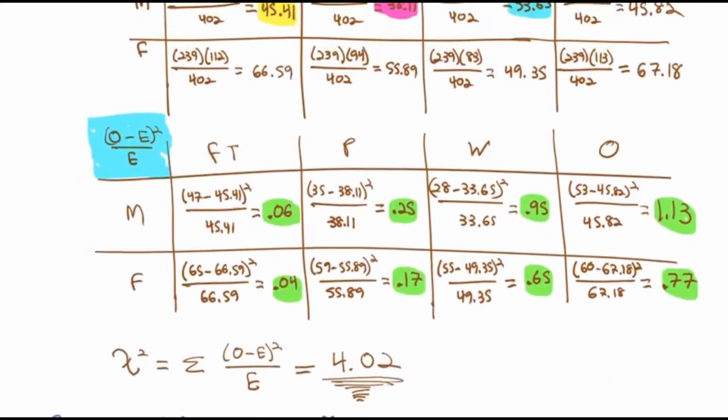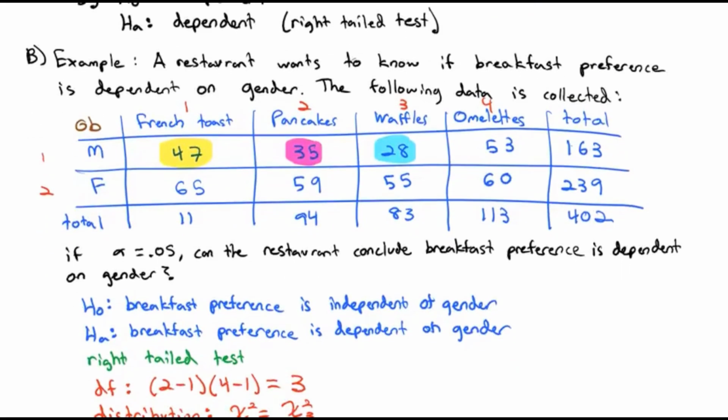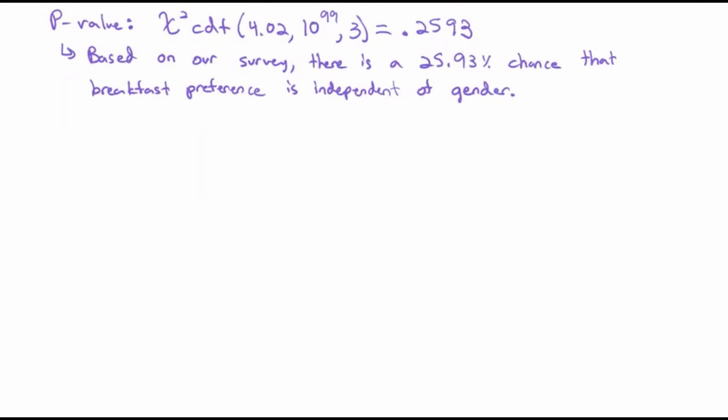And we said we would believe the null hypothesis that they are actually independent as long as that probability does not go below alpha of 5%. 25% is well above that. And so we will make a decision to fail to reject the null hypothesis.